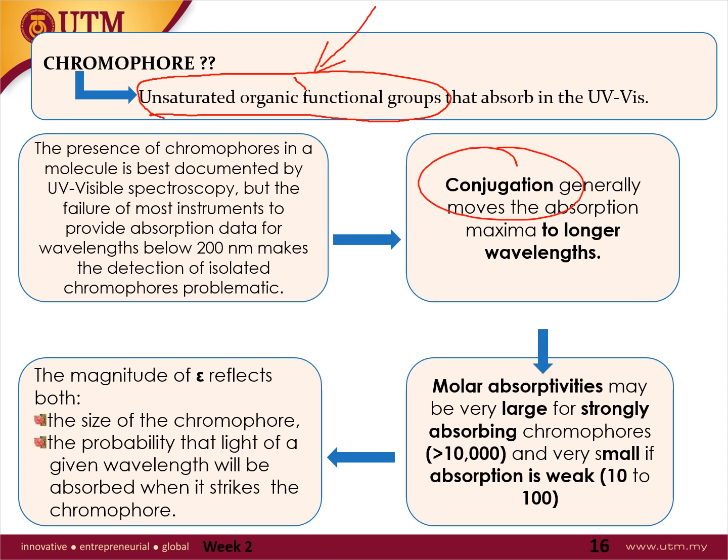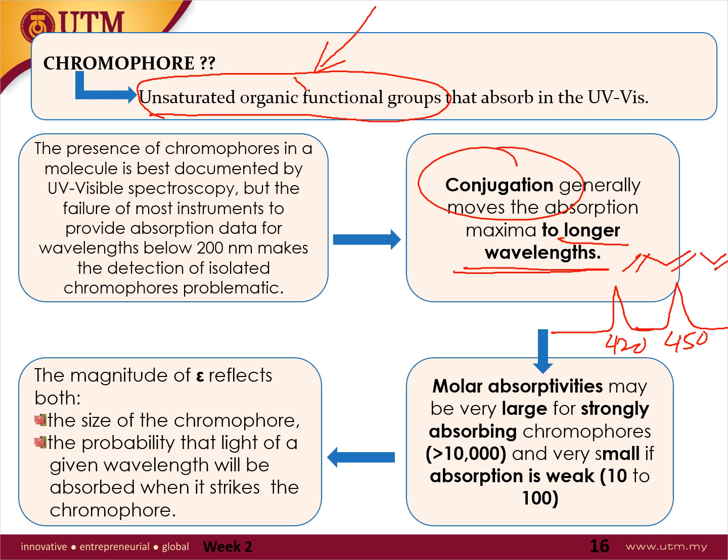And when you have conjugation, it will help you to absorb at a longer wavelength. It means that if you first absorb at 420, with conjugation maybe it will shift bathochromically towards 450, because of the conjugation. For example, you have something like this.